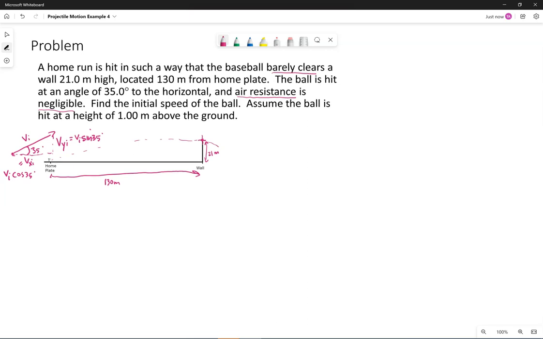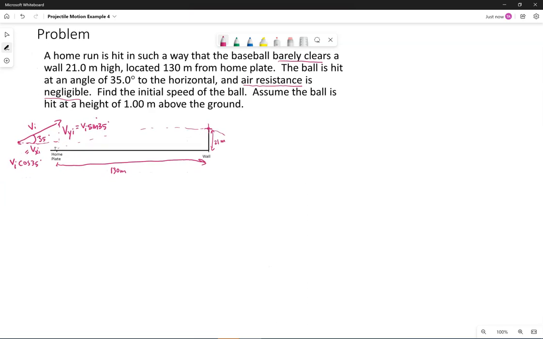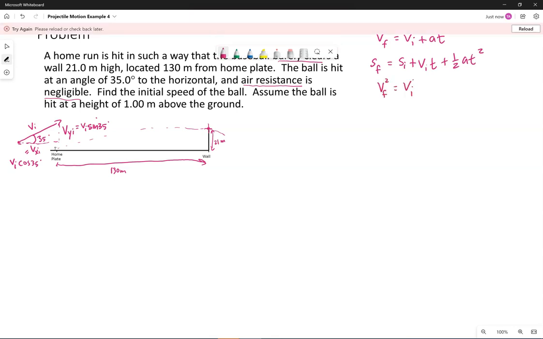So let's go ahead and set up the table. We know this motion is not straight line motion, so we do need to break our problem into x and y components. We know acceleration is constant because we're ignoring air resistance.